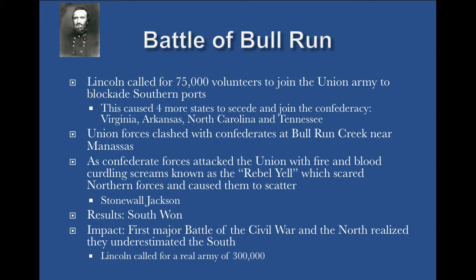One Confederate soldier says to General Jackson, the enemy is coming in, and he says, then let's bring our bayonets, let's bring our guns. He really rallied his troops and said, then we need to fight back. The comment made is kind of controversial, but the legend is that the Confederate troops said, look at General Jackson, he's standing there like a stone wall. Let's fight, let's rally behind him.